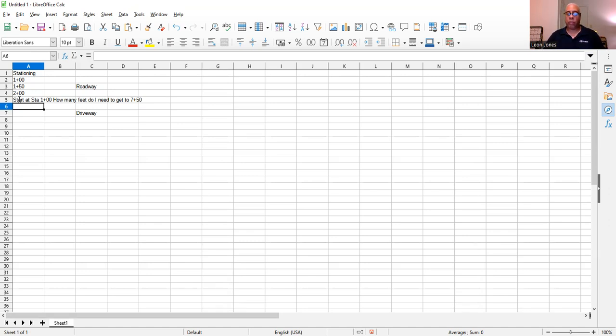You're going to see this out there on the road. Stations are locations. You're going to see stations when you're doing offsets. So when I look at the figure, some people might say, well, I add 1 plus 00 and I get 1, and 7 plus 50 and I get 57. No, what you're going to do is take the stations and write them as regular feet.